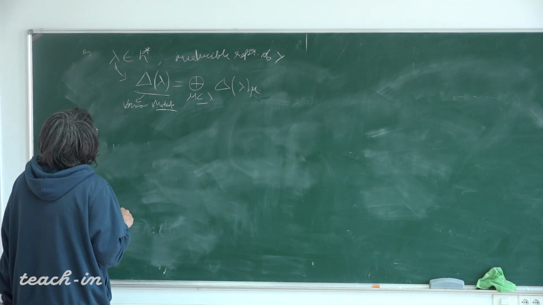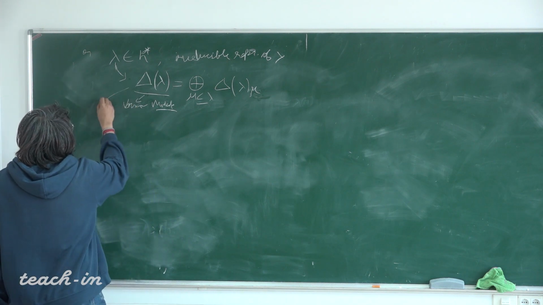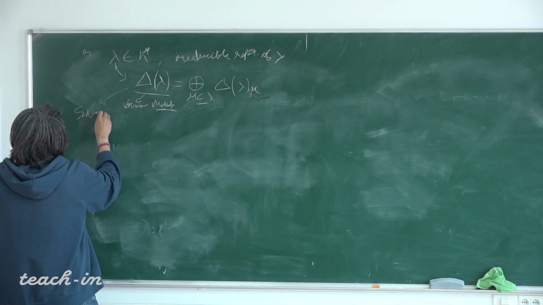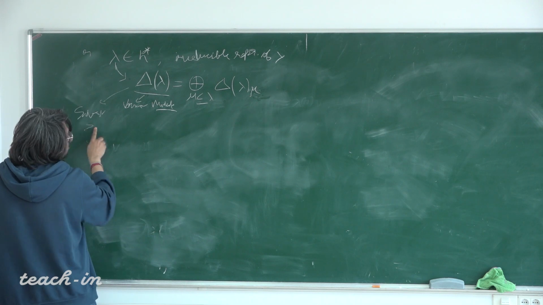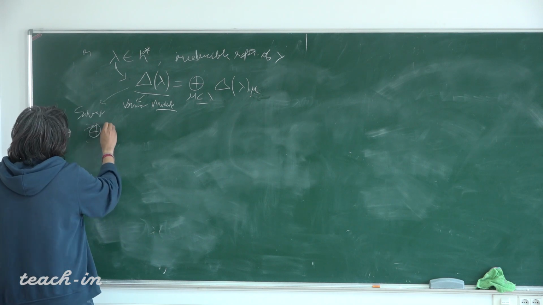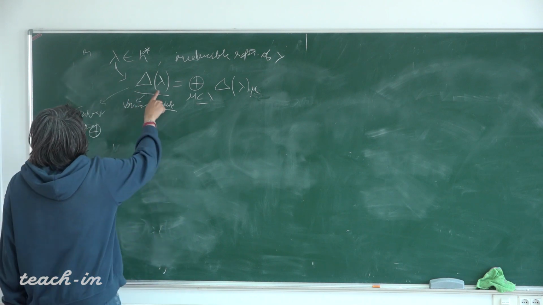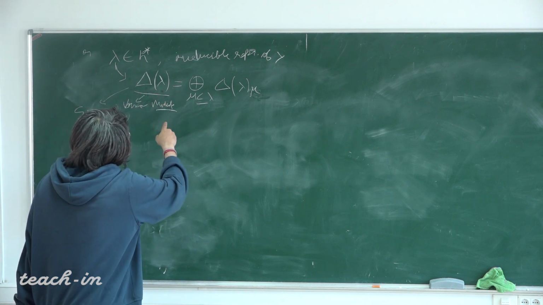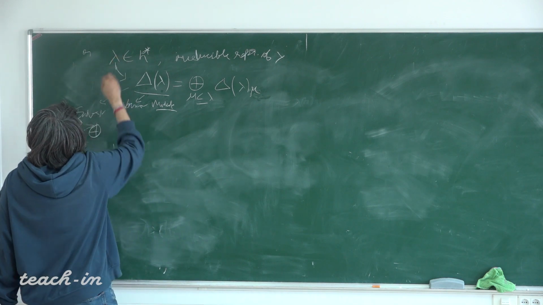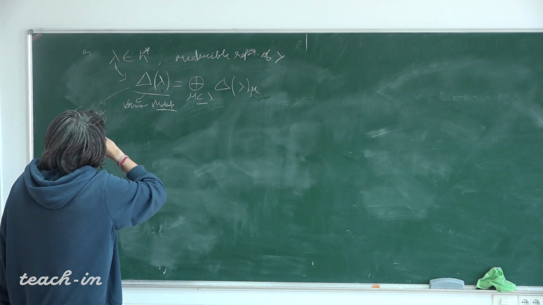In problem 1 we had proved that if it has a submodule, then it can also have a decomposition. This formal module is actually the highest weight representation.